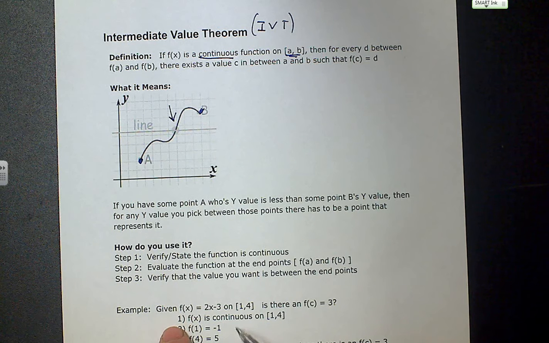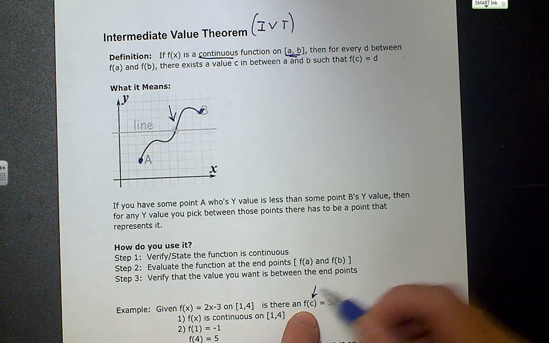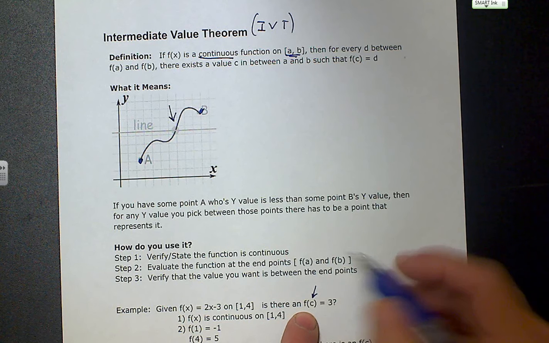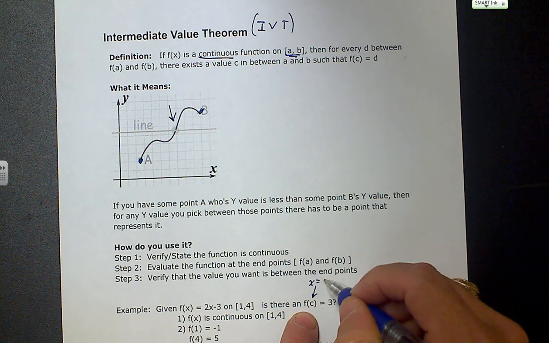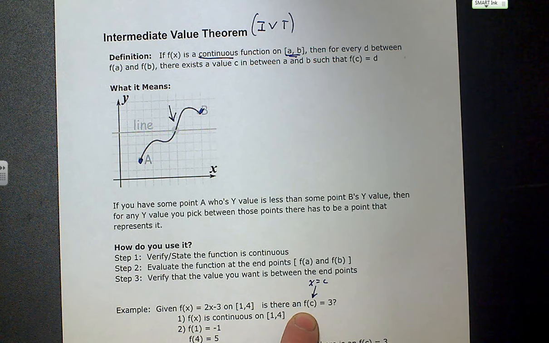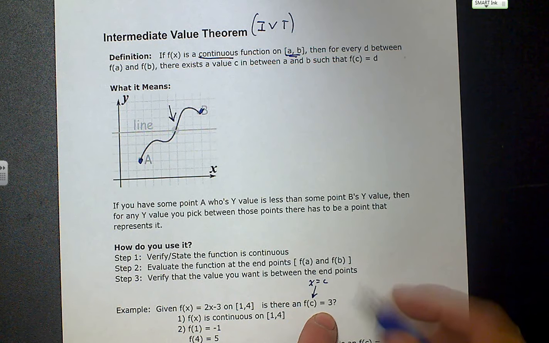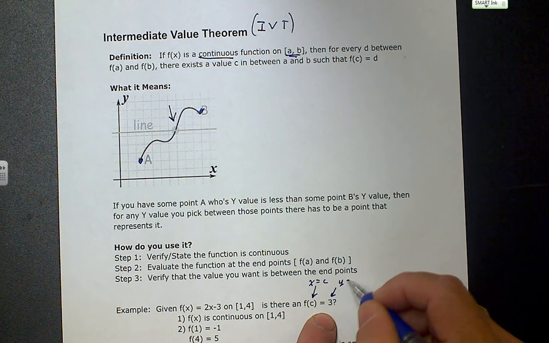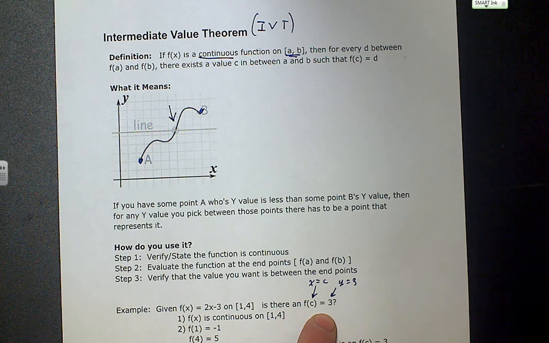It says, given f of x equals 2x minus 3 on the bounded interval 1 to 4, is there any value c, an x-coordinate of c? Is there any place on that graph between 1 and 4 that has a y-coordinate of 3? That's what's asking, okay?